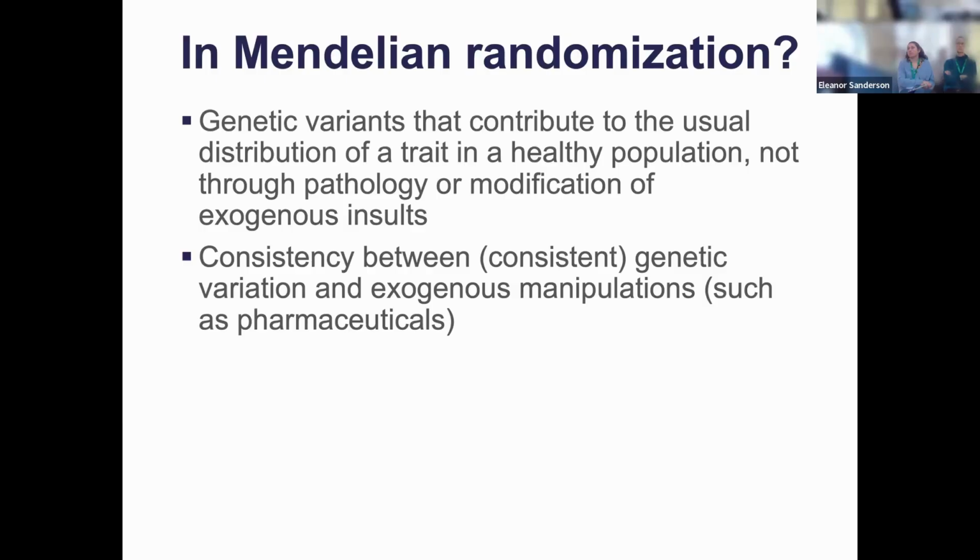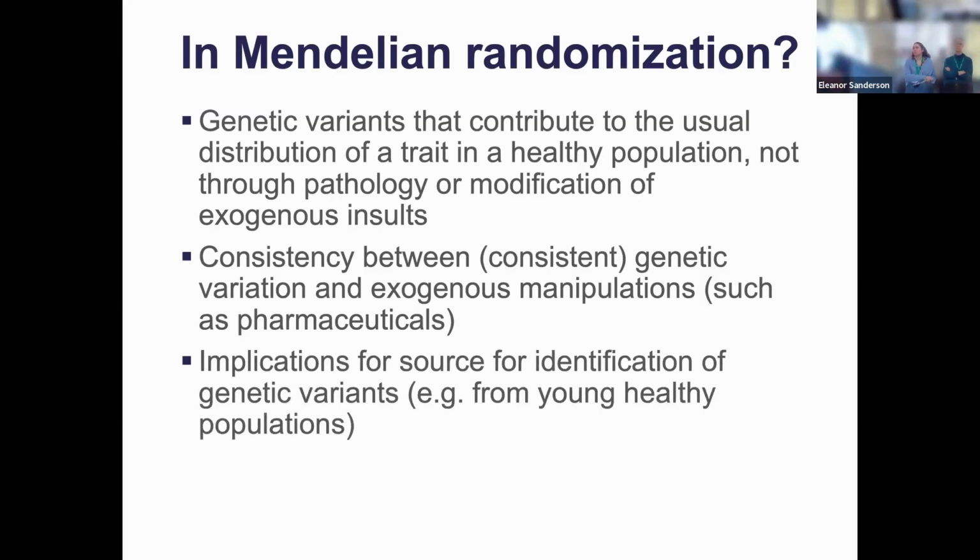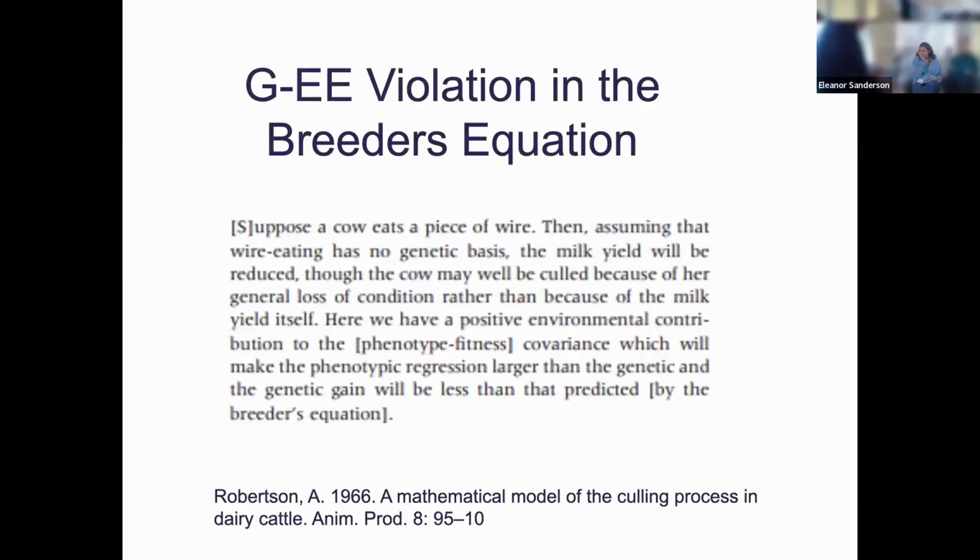And you can see consistency between genetic variation and exogenous manipulations, that's in the HMG-CoA reductase or PCSK9 inhibitors and other areas. And I think there are implications for the source of identification of genetic variants here. One way of reducing the number of very spurious variants arising through developing disease, etc., is to use young populations before they've started smoking, etc. And the chopping off the leg example for BMI, there's an example that was used for the violation of the breeder's equation, which was about cows.